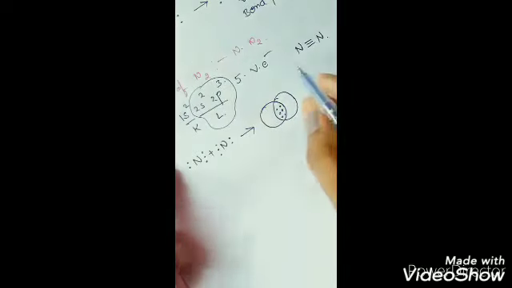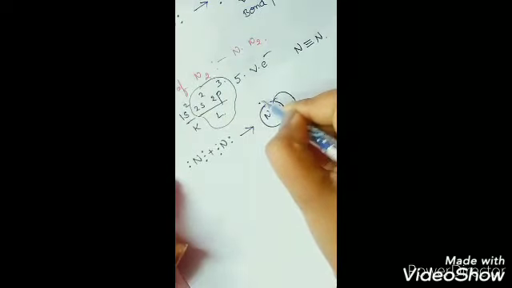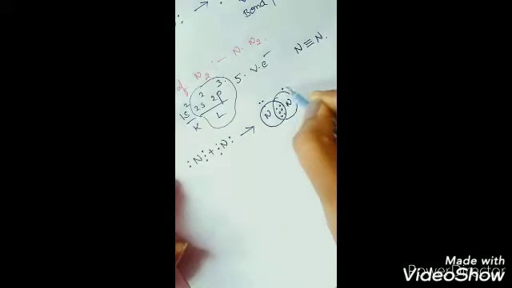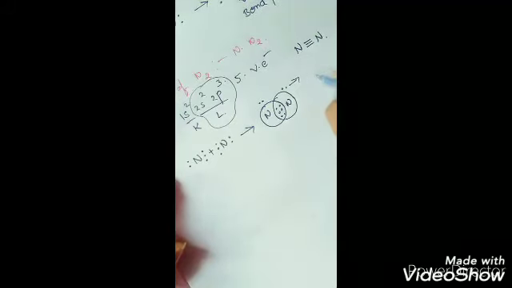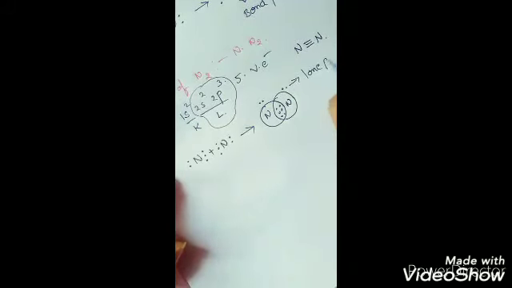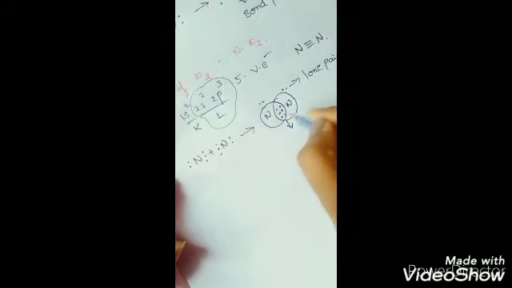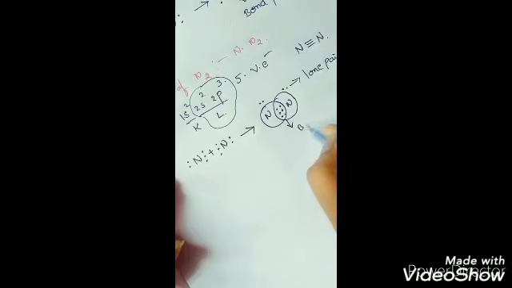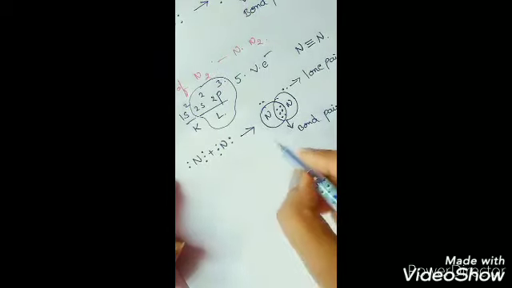Six electrons, that means 3 pair of electrons. These single electrons are called lone pair of electrons, and the middle 3 pair of electrons get combined already. These are called bond pair of electrons, and this is known as the structure of nitrogen. We can also represent it like this, N triple bond N.